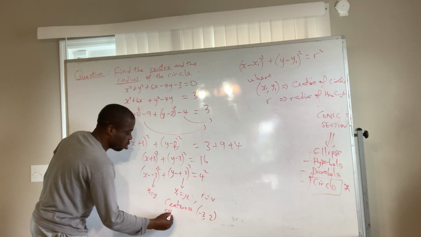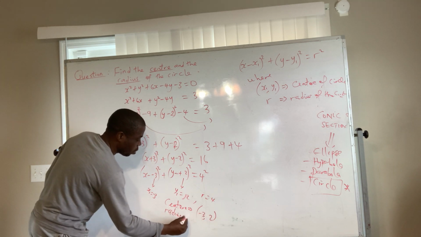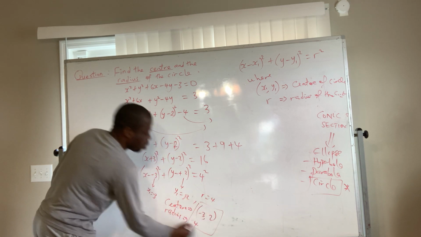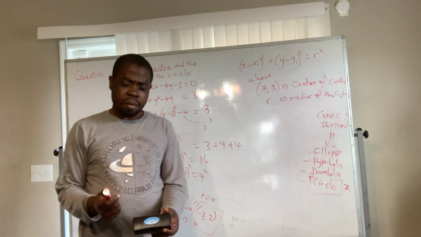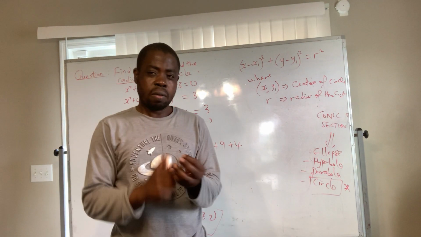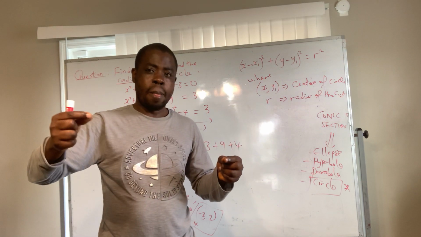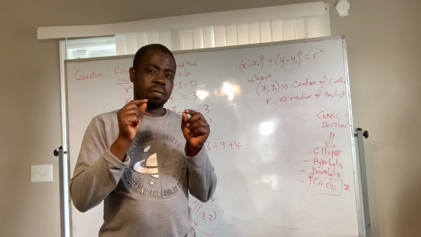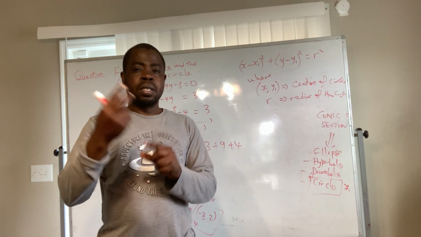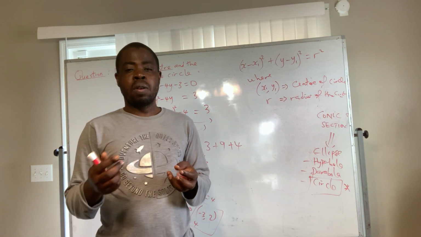And the radius of the circle is 4. So that is the solution, okay? So you need the radius, which is a measure, and a point called the center to accurately derive the equation of a circle.